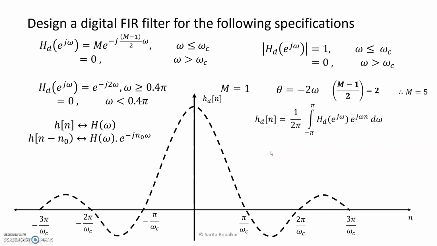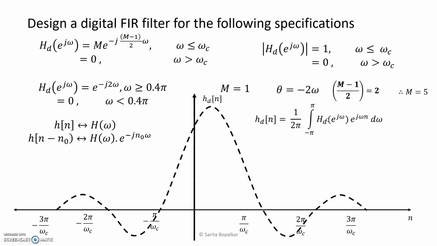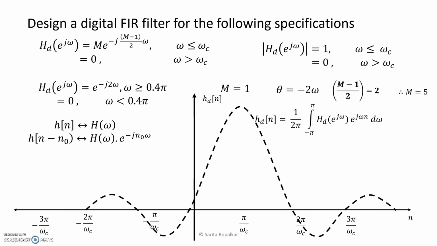Just let me demonstrate. This hd of n you will get when you put the magnitude 1. And if you put HD e raised to j omega in complex form, you will get the hd of n sinc pulse, but it is shifted. That is the difference.